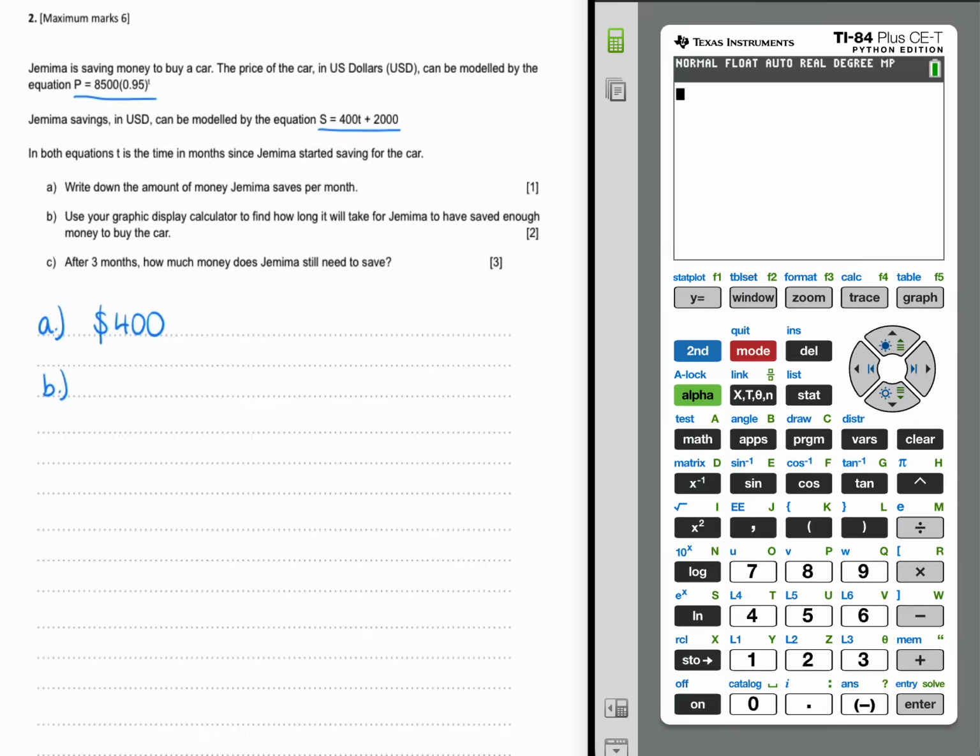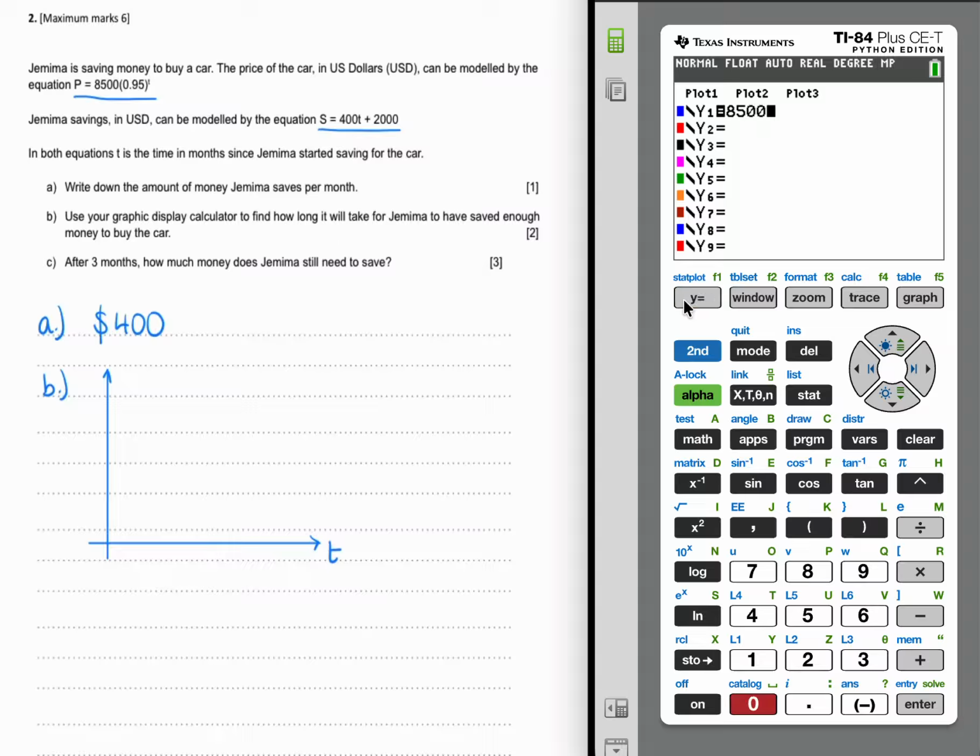To show the working out in our exam, we need to make sure that we have the graph drawn as well. So we have time here, and then we have the savings and the cost of the car on the y-axis. We're going to go to our GDC and plot these two equations.